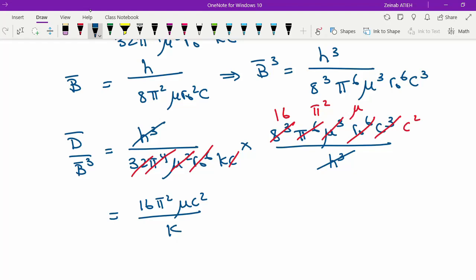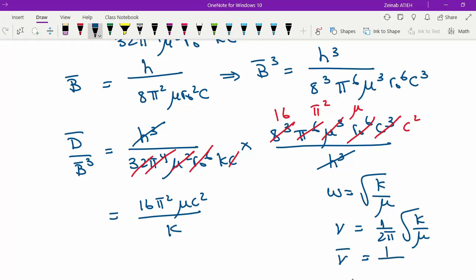If you remember from classical mechanics, if we have an oscillation or a vibration, then the angular frequency of the oscillation is equal to radical k over m. In our case, radical k over mu, because mu is the effective mass of the molecule. So omega is the angular frequency. The frequency of the oscillation will be equal to 1 over 2 pi radical k over mu. The wave number of vibration of the bond, mu bar, is 1 over 2 pi, we divide by c, radical k over mu. So this is equal to 4 over mu bar squared.